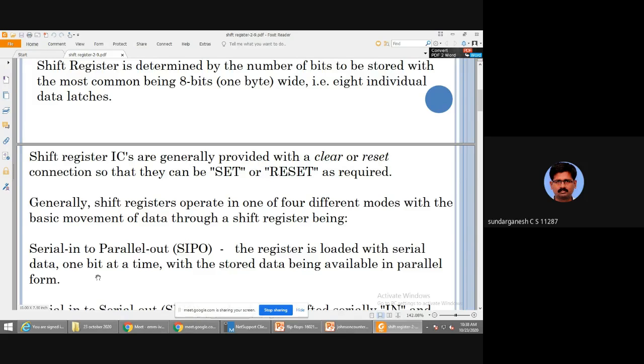These are the four possible combinations. First one is serial in, parallel out. You have to give the data serially, feeding the data one by one at the input. But the output you can take at the same time. If I have 4 parallel data, I can take 4 data outputs at the same time.